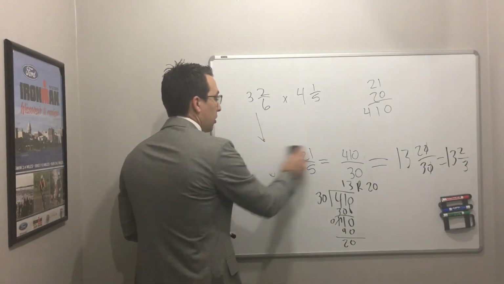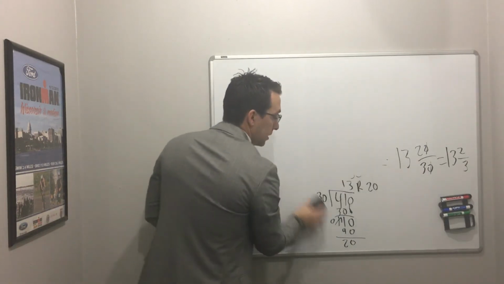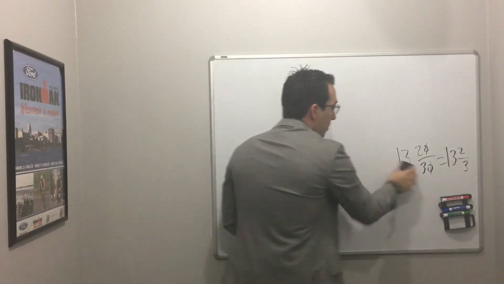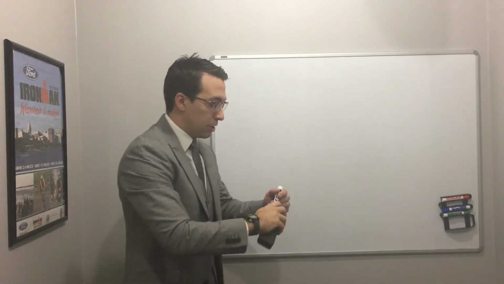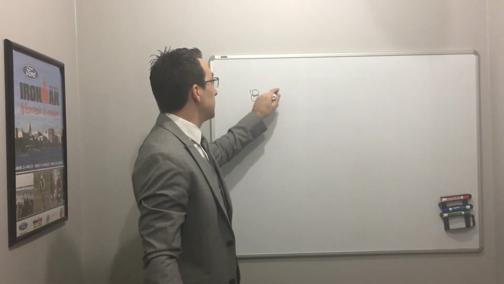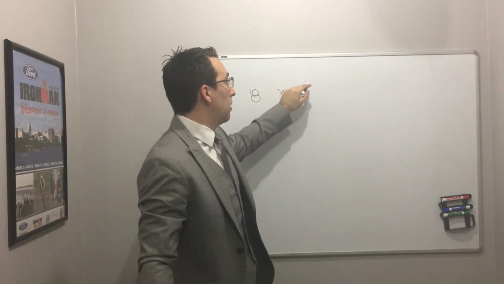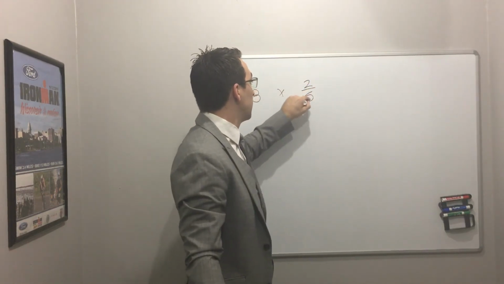Now, let me show you how to multiply a fraction times a mixed number. And remember that this is a video, so you can pause, you can rewind, you can watch it. Let's say I want to multiply 8 times 2/5.